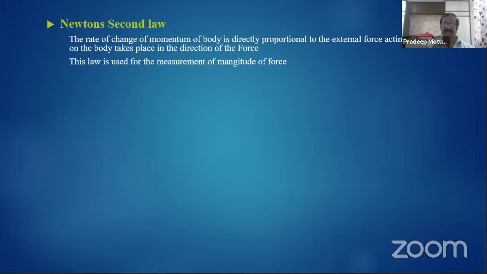So the change of momentum depends upon the force you applied. That is why you can say the rate of change of momentum of a body is directly proportional to the external force acting on the body, and takes place in the direction of the force.